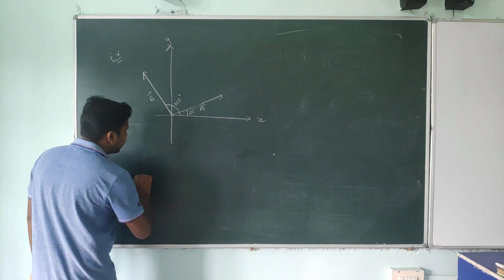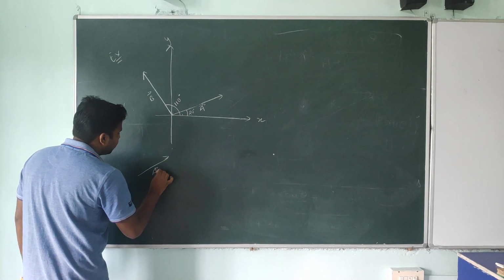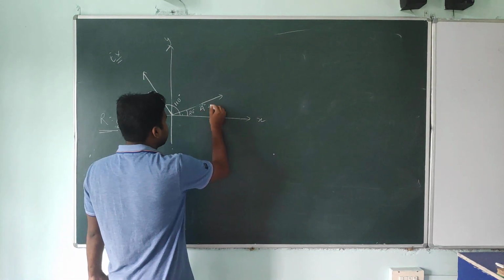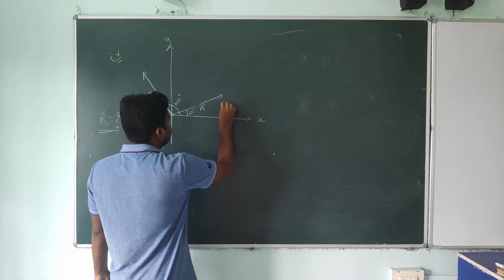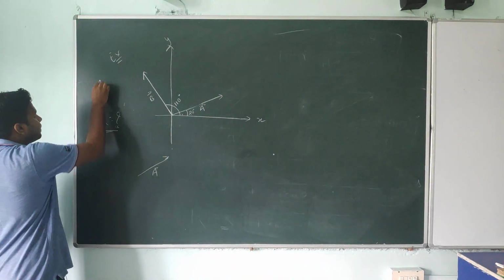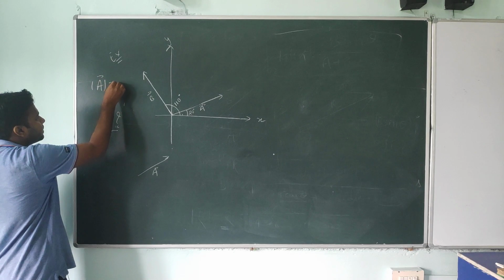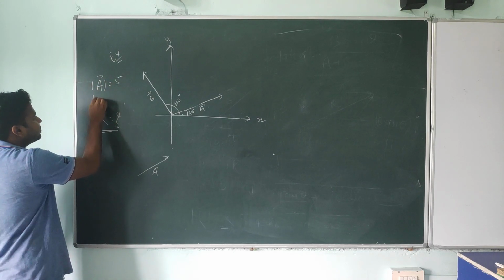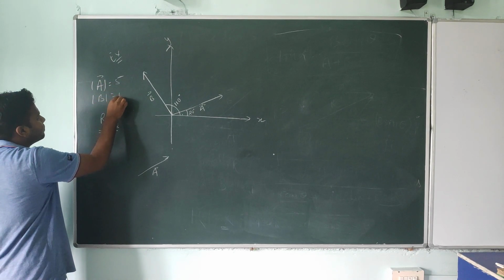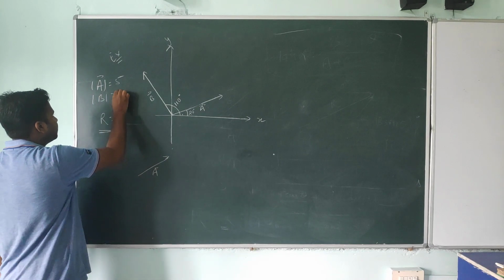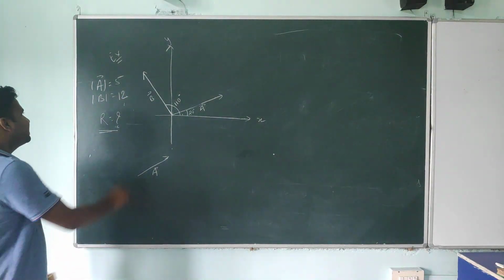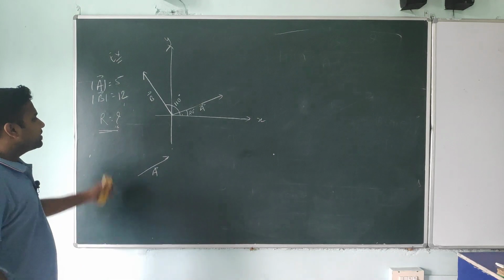Here I have not given you the magnitudes, so I am assuming: the magnitude of A vector is 5 and the magnitude of B vector is 12. Okay students, now you have to find the resultant vector.